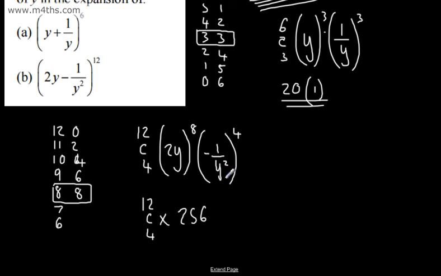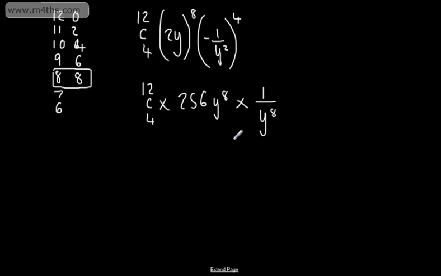Then what we're going to have here now is simply y to the 8th, and then we're going to have this one, which is going to be now 1 over y to the 8th. The reason it's going to be positive is we have a negative and an even power. So all we've got to do here, we can see quite clearly these are going to cancel off. So that will cancel with that.